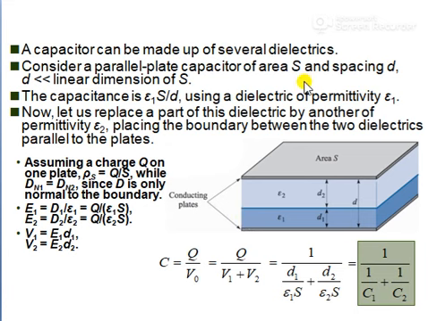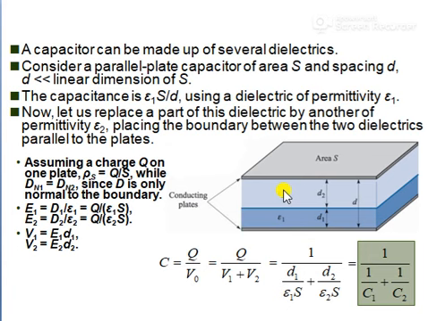You can see this figure. Consider a parallel plate capacitor of area S and spacing D, where D is very much less than the linear dimensions of S. Here epsilon 1 and epsilon 2 are the two dielectric mediums.